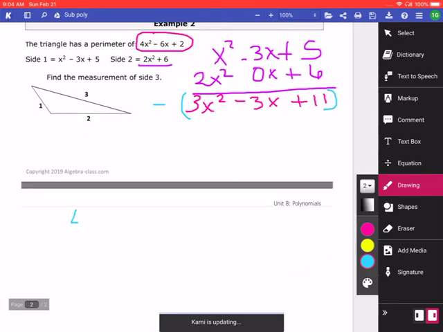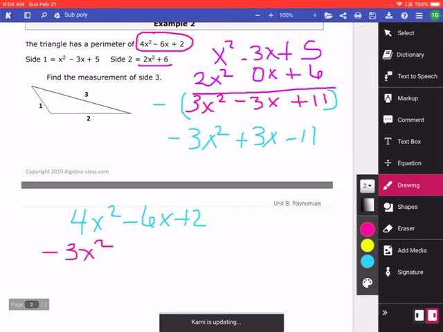So if we have 4x squared minus 6x plus 2, and now we're going to change all these signs here. So this would become a negative 3x squared, a positive 3x, and a negative 11. Okay, so then we're going to write that in down here. So negative 3x squared plus 3x minus 11.